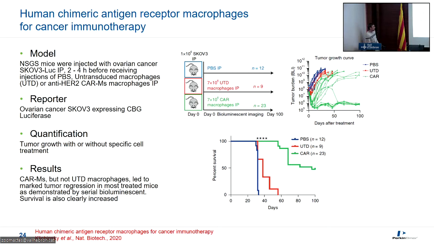In the case of untransduced macrophages, we have a small effect. We can increase the survival almost 2 times, but all the mice will still be dead before 16 days. Here you can see that some of the mice are responders and some are not responding. We can still slow down the tumor growth, but at some point they will die from it.